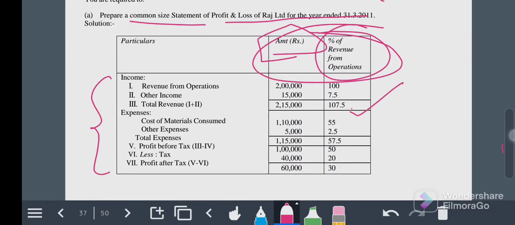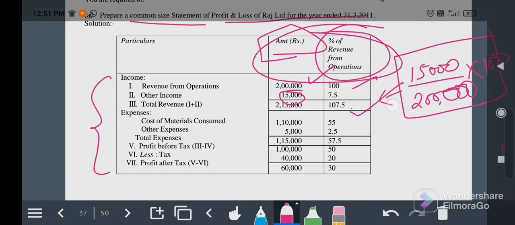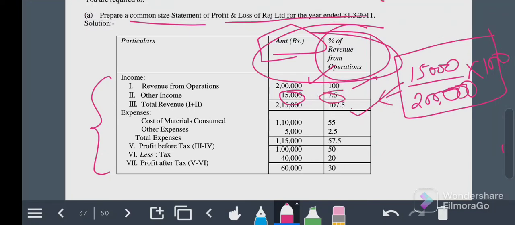2 lakh upon 2 lakh into 100 is 100%, because 2 lakh gets cancelled, you get 100. Then 15,000 upon 2 lakh into 100, this is how you will get it for this one, which is 7.5%.